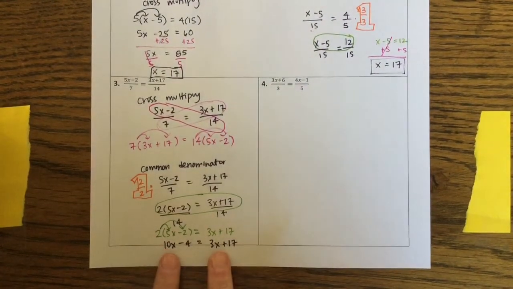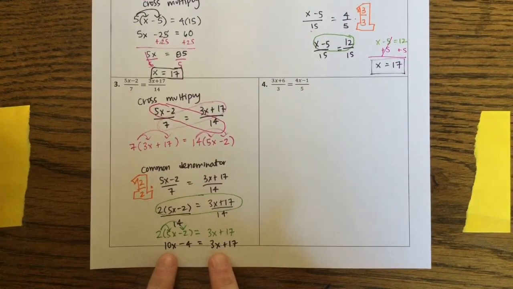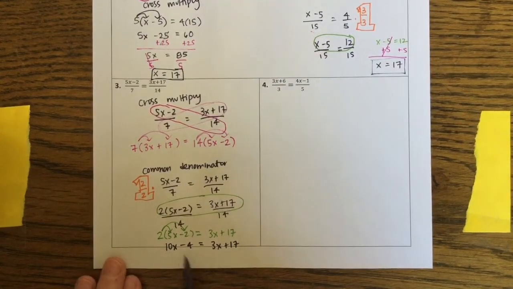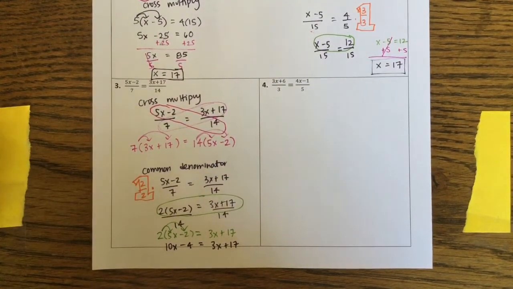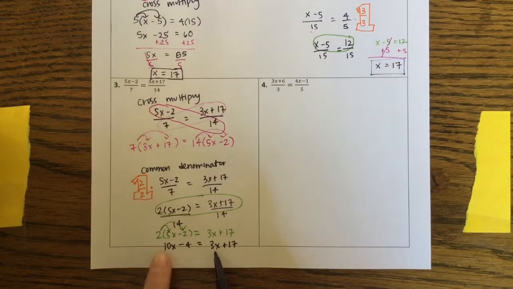So we've got a variable on both sides of the equal sign. At some point during our solving process, we're going to need to bring those together. And it doesn't really matter what order you do things in. You can move any part of this equation around. I would probably start by bringing those x's together. And just to keep the coefficient positive, I'm going to choose to bring the 3x over here instead of moving the 10x.